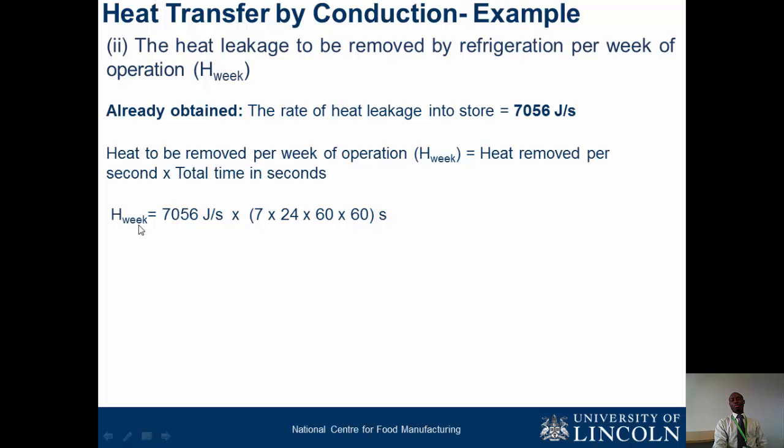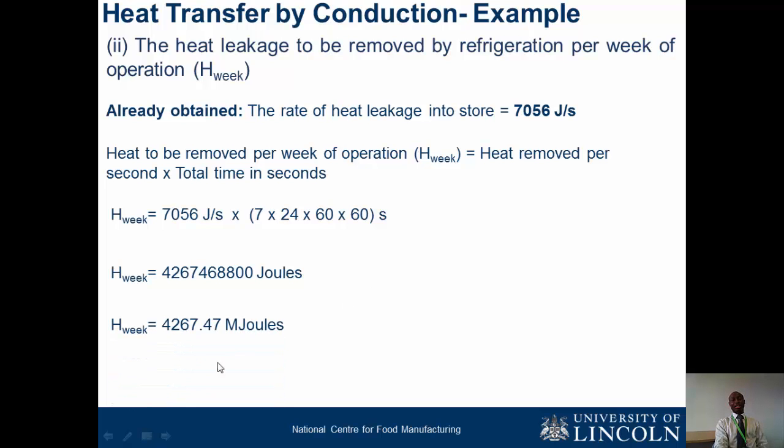By the time you multiply that, you know the amount of heat to be removed. It is 7056, which is the amount we've gotten earlier, multiplied by the total time in a week. So we have this 4267 468 800 joules.